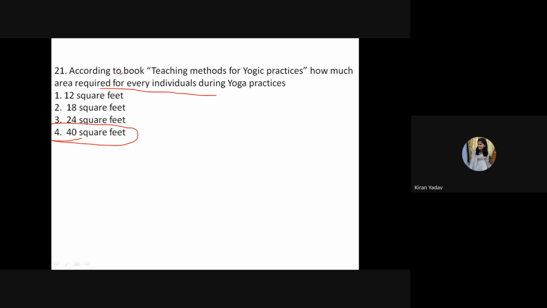What's the limitation of this demonstration method? Less number of participants. Also, it depends upon the demonstrative ability of the teacher, and it may be time consuming. But what's the main point that is given in the book about the limitation?